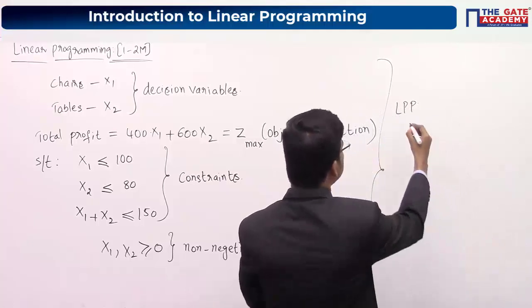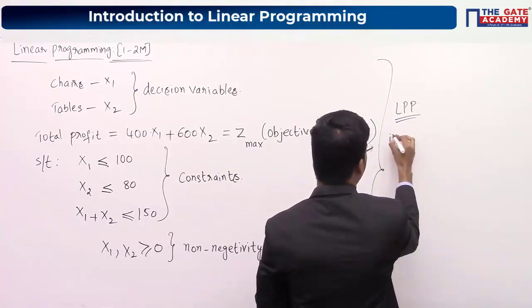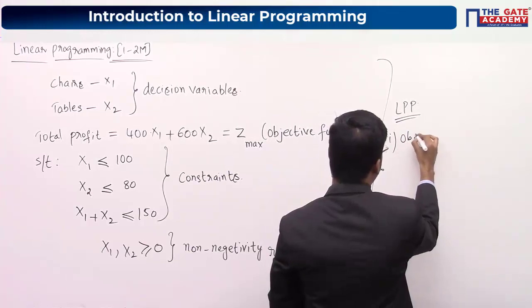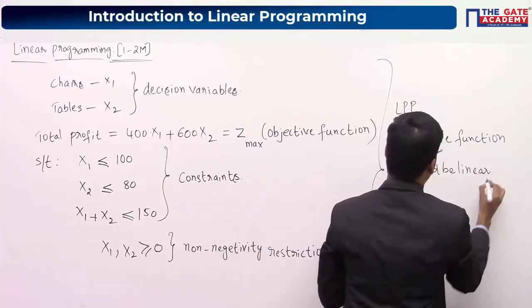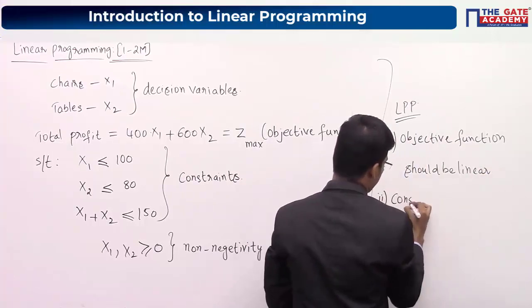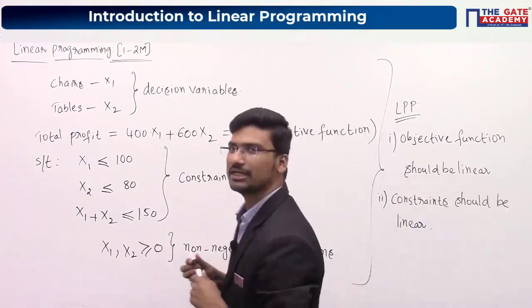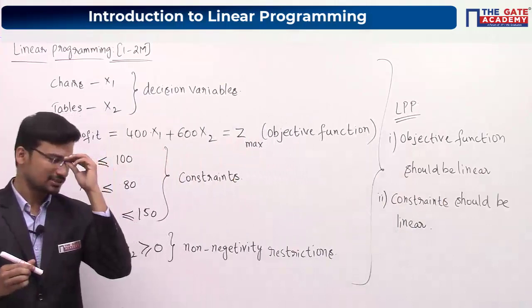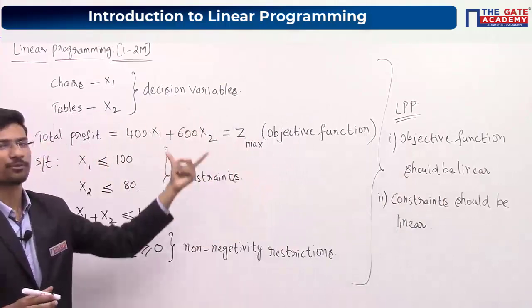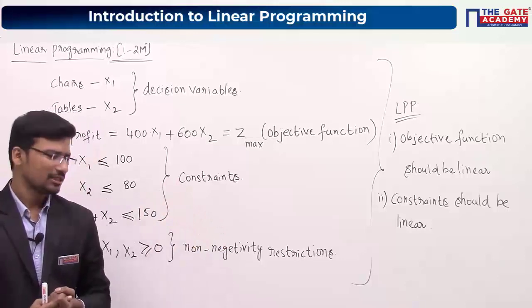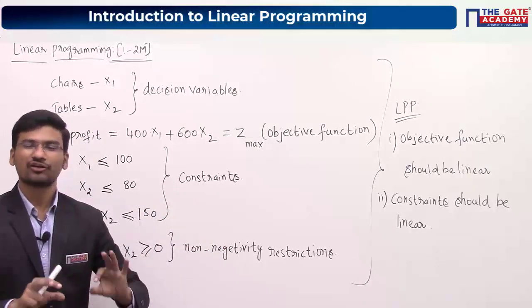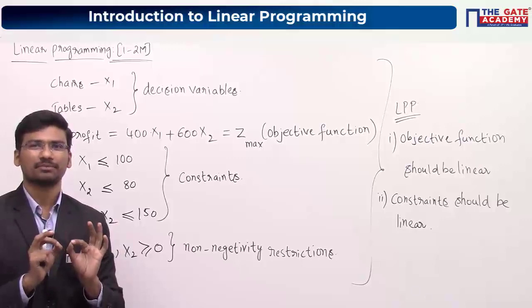LPP means linear programming problem. The first condition is that the objective function should be linear, and the second condition is that the constraints should be linear. If both the objective function and constraints are linear, then you can call that problem a linear programming problem. In our syllabus we will be dealing with only linear programming problems.